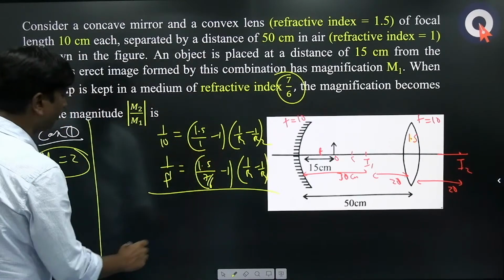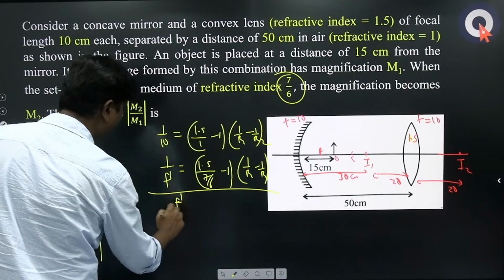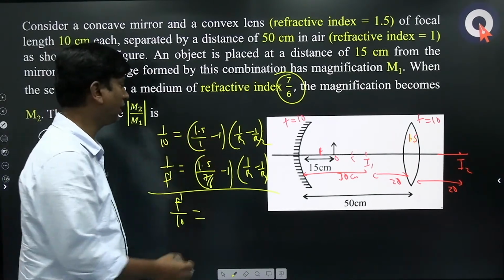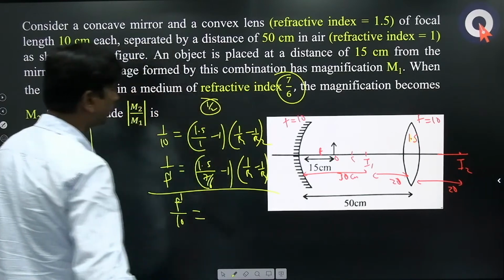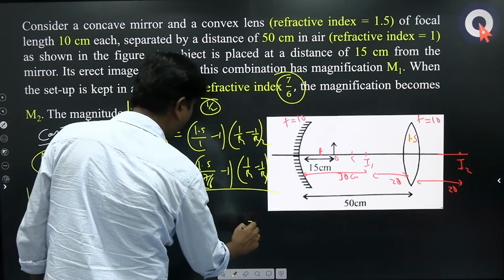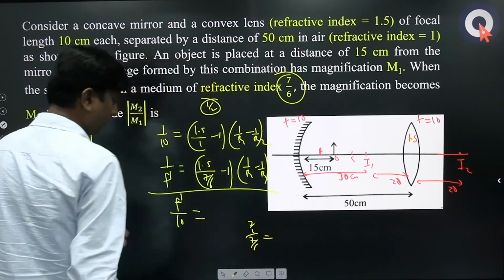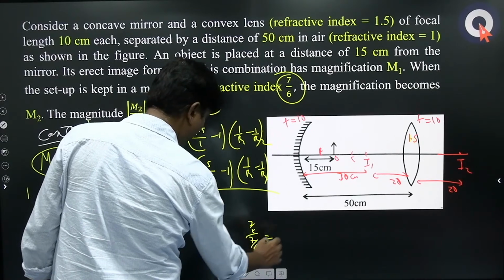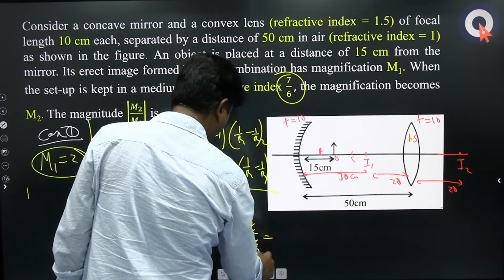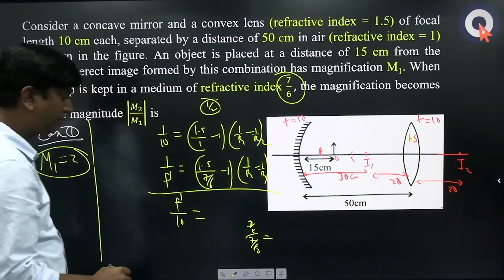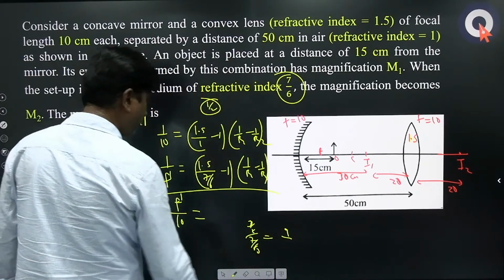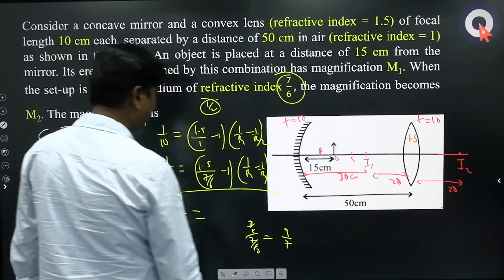So you can divide these two. f dash by 10 is equal to, this is 3 by 2 minus 1, so this value will be 1 by 2, right? And this is actually 3 by 2 by 7 by 6, which is 9 by 7 minus 1, so 2 by 7.